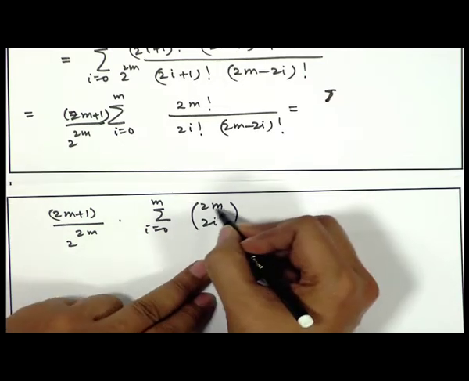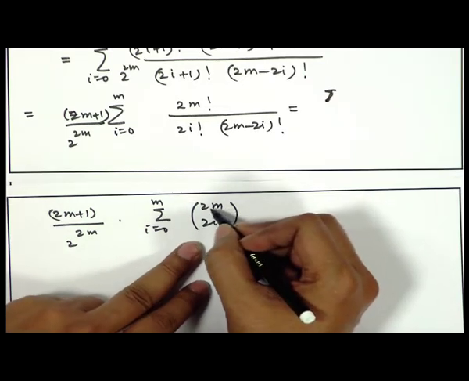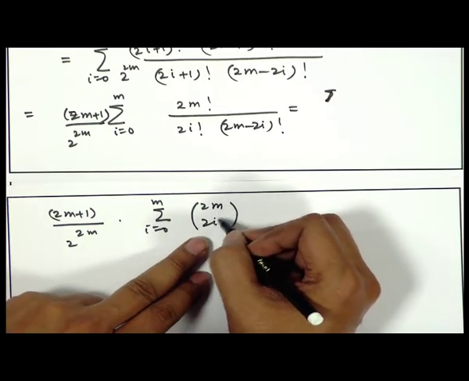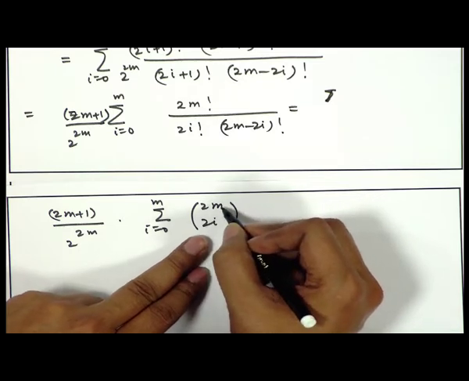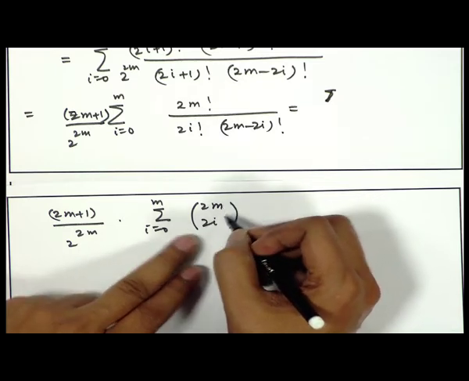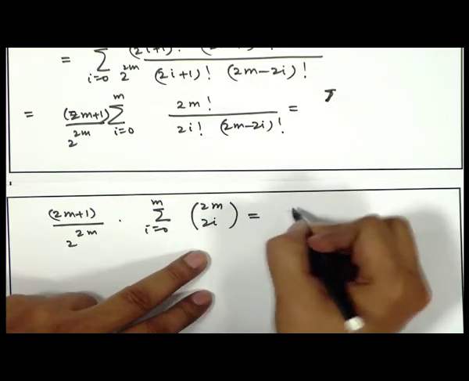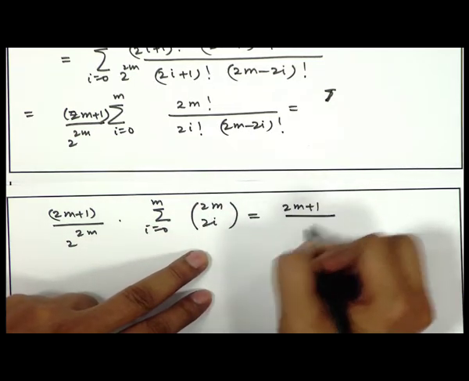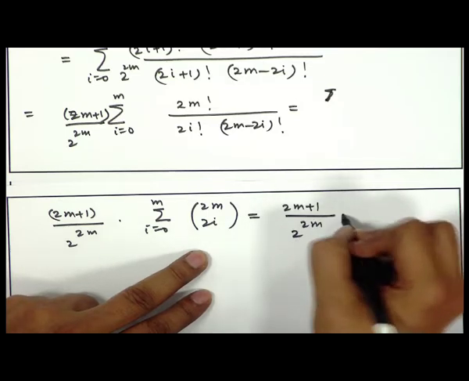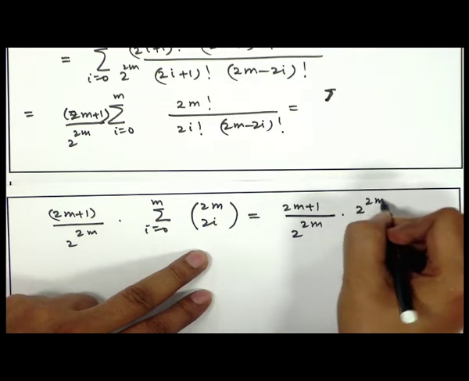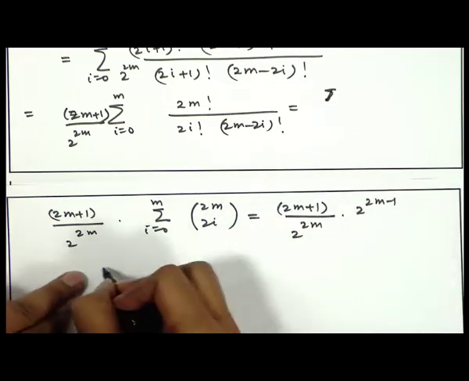So, this is actually the terms of the type 2mC0 plus 2mC2 plus 2mC4 and so on up to 2mC2m. The total sum of this is 2 to the power 2m minus 1. So, that is equal to 2m plus 1 divided by 2 to the power 2m into 2 to the power 2m minus 1.